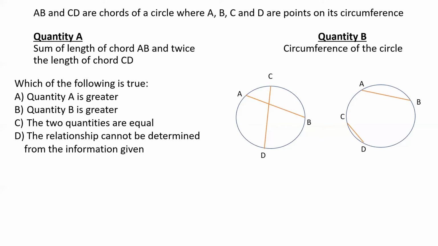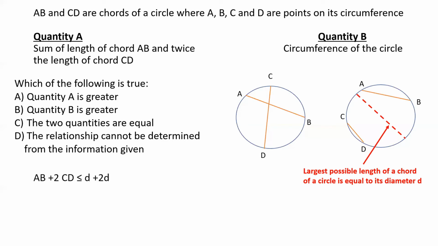We consider the maximum possible length, and it seems like it's going to be the diameter, right? The longest chord of a circle is the diameter. So that's the largest possible length a chord of a circle can take. If we now look at AB and CD, and assign the maximum possible length that they can take, then we can write this inequality.